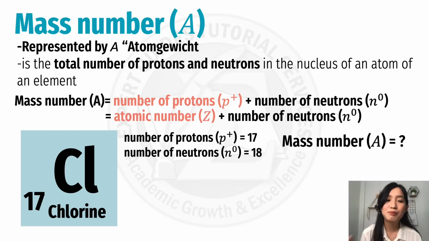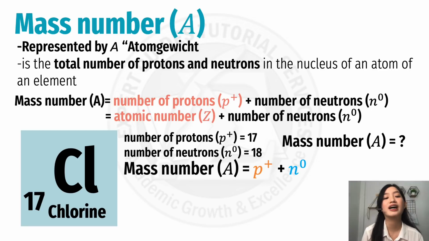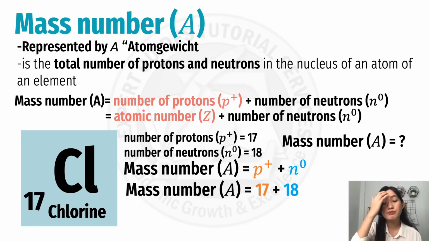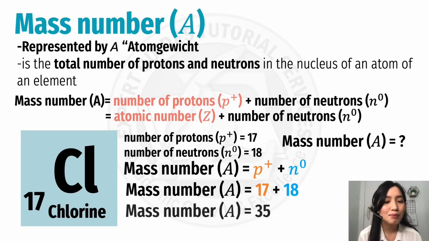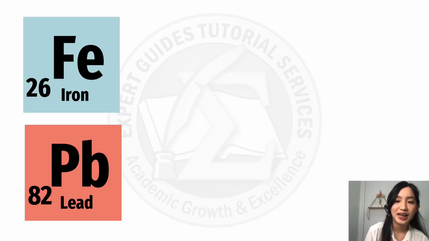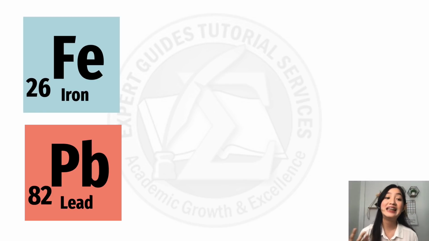Since the mass number is just summing protons and neutrons, again, mass number is equal to protons plus neutrons. Substituting the values of chlorine, wherein its protons is 17 and its neutrons is 18, the mass number of chlorine would be 35. Okay, very easy. So now let's proceed to iron and lead.